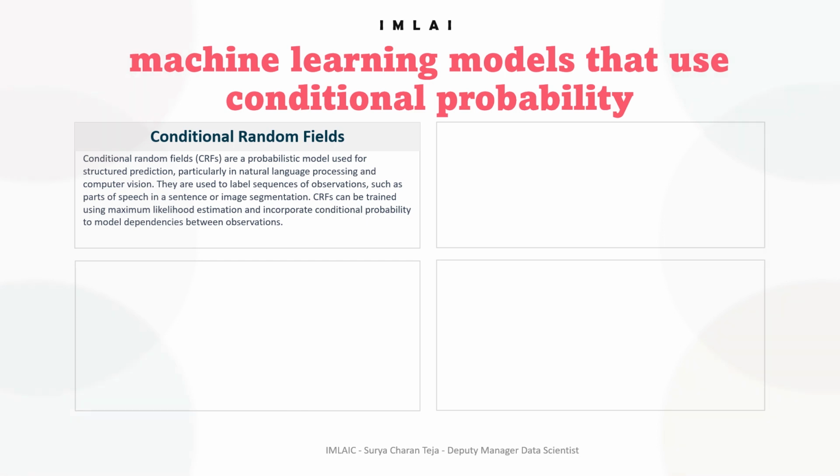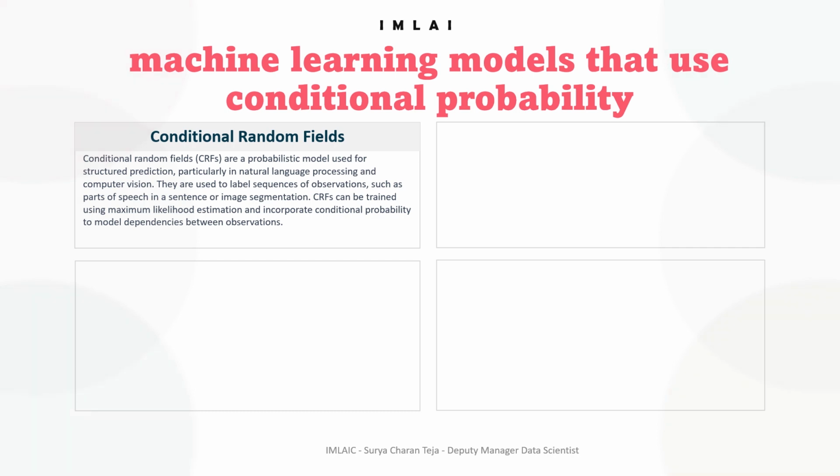So let's see some example use cases. Named entity recognition, we call it NER, in natural language processing.